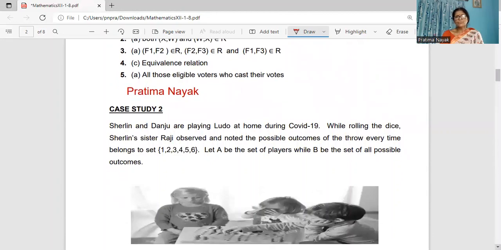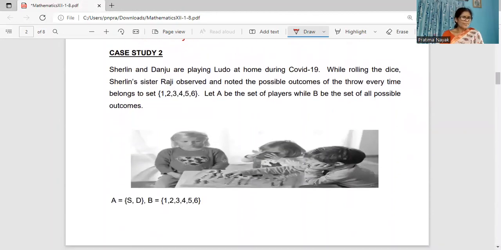Now coming to question number 2. It's not question number 2, it is case study 2. Charlene and Danju are playing Ludo at home during COVID-19. While rolling the dice, Charlene's sister Raji observed that and noted the possible outcomes of the throw every time belong to the set 1, 2, 3, 4, 5, 6.